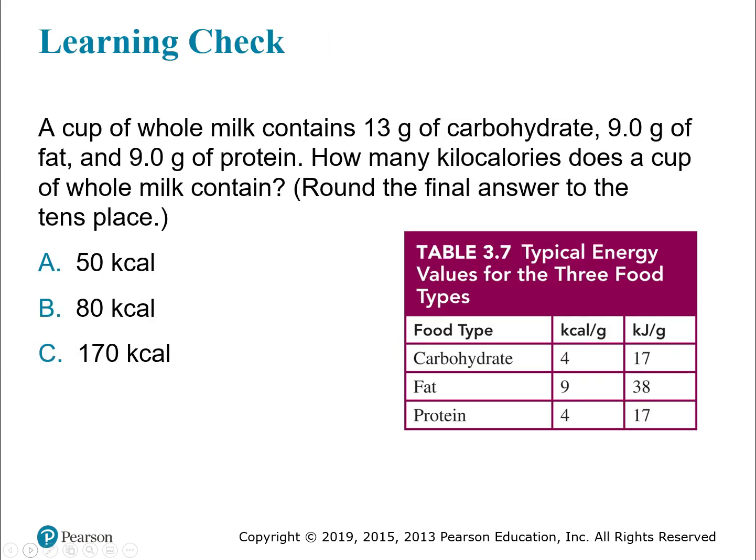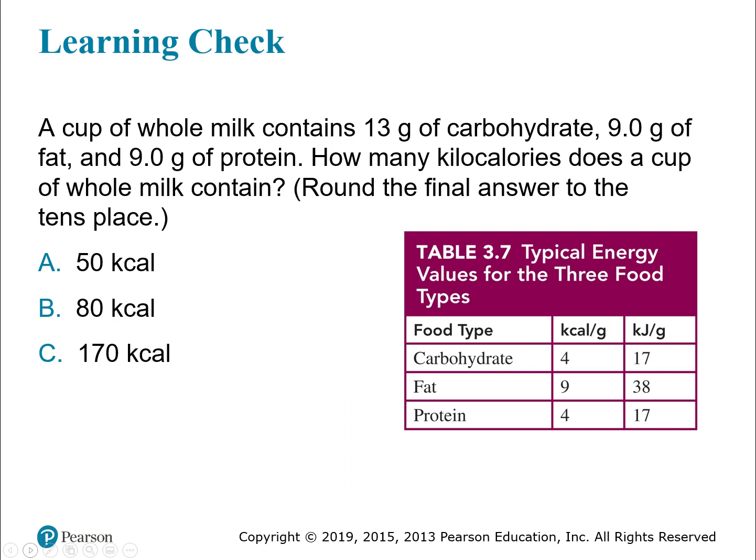Let's try a sample problem where we have to calculate the amount of calories in a food. So a cup of whole milk contains 13 grams of carbohydrates, 9 grams of fat, 9 grams of protein. How many kilocalories does a cup of whole milk contain? Round the final answer to the tens place.